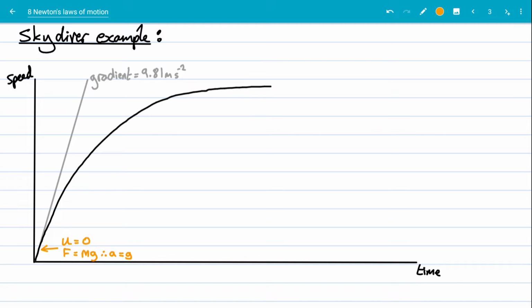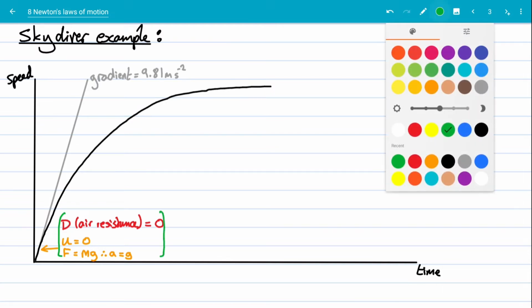There's no air resistance. That's important. So air resistance, I'm going to call that D for drag. Air resistance is equal to 0, which is why the resultant force is just equal to mg. And that's in this first stage here.